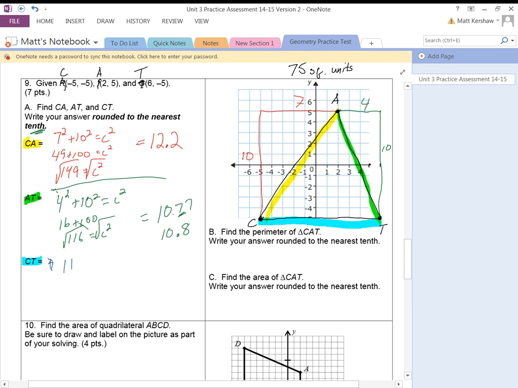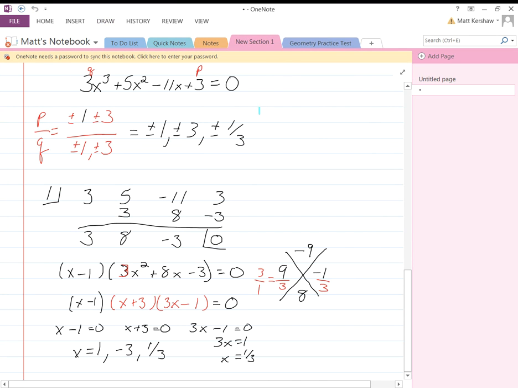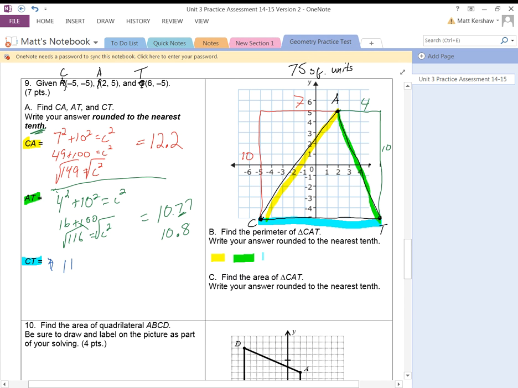All right, so now the question says perimeter. So for perimeter, it's going to be the yellow plus the green plus the, whatever, the blue. Oops. All right, so we have 12.2 plus 10.8 plus 11.